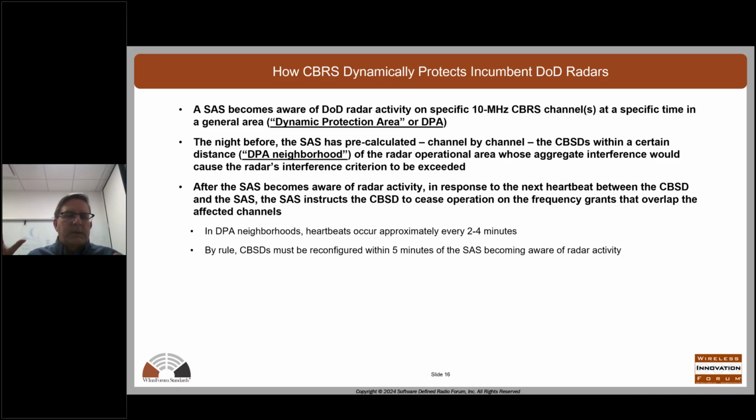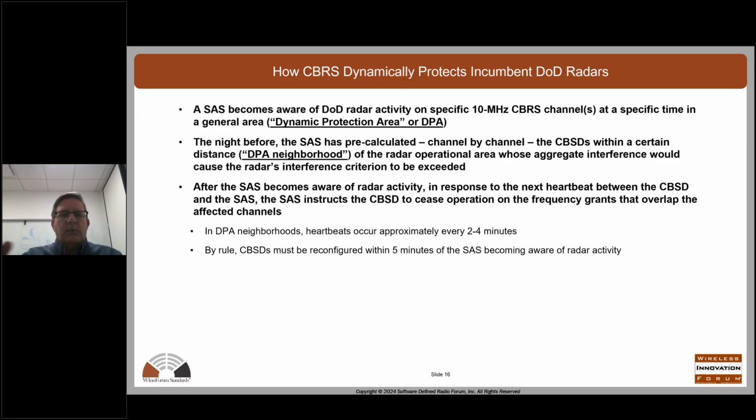So if we detect radar activity in a particular DPA on a particular CBRS channel during the day, we already know which CBSDs need to be modified or moved or powered down, and we notify those CBSDs. That's the magic of how this is done dynamically.